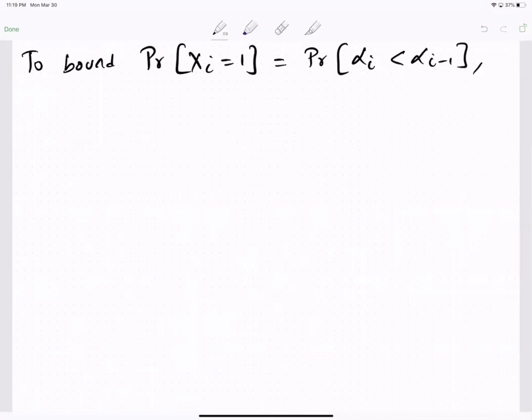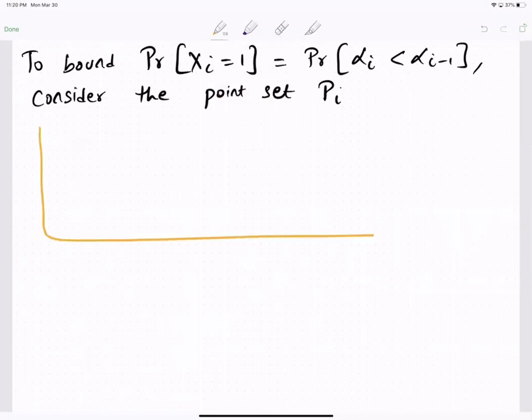So to bound this, consider the point set Pi. And we make the following important observation about Pi.